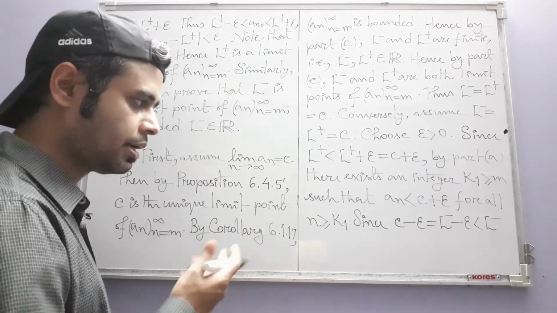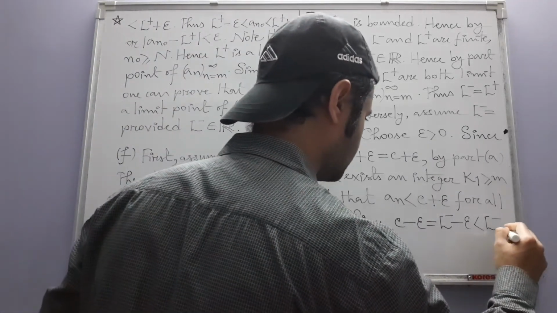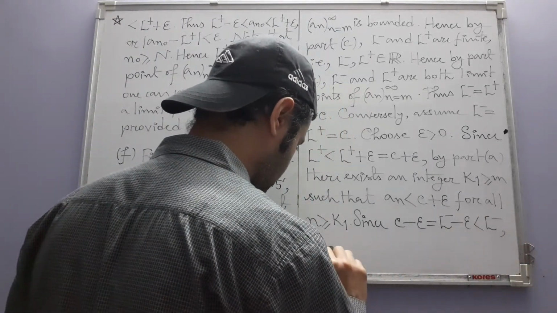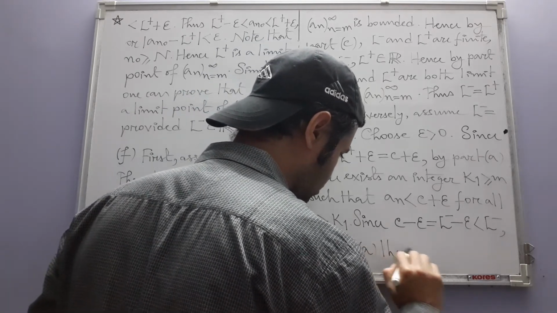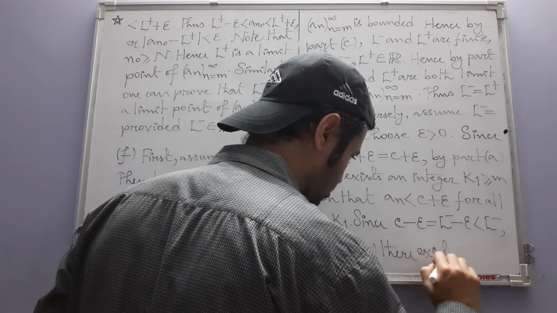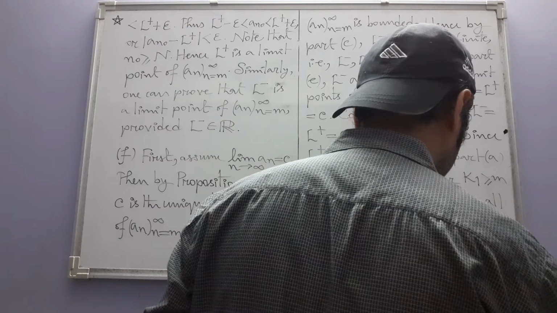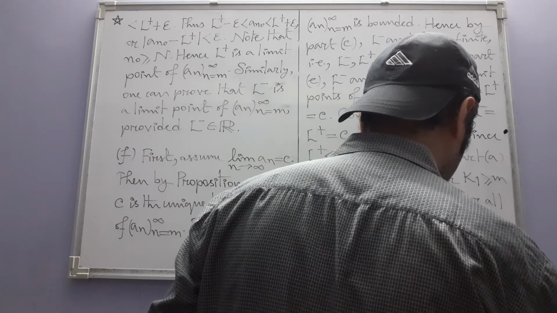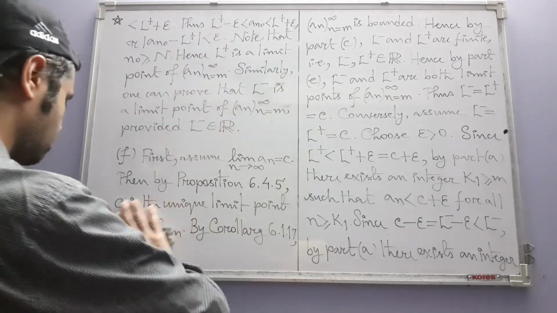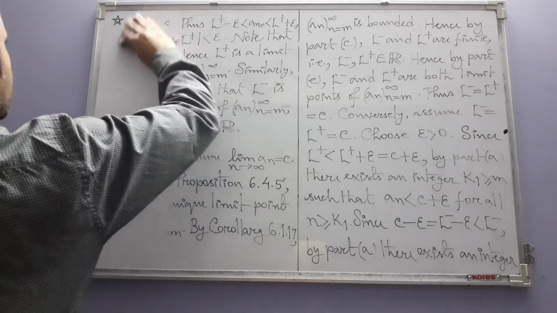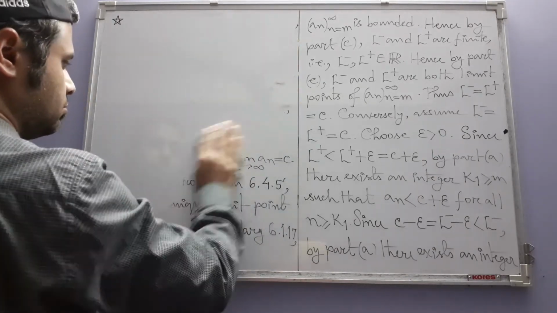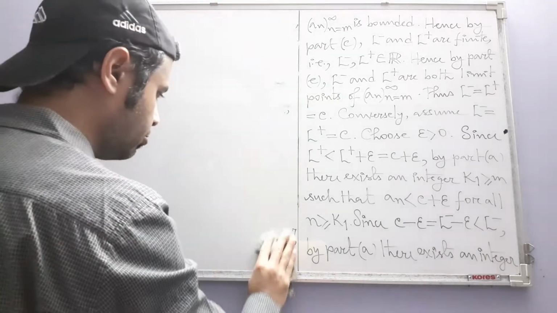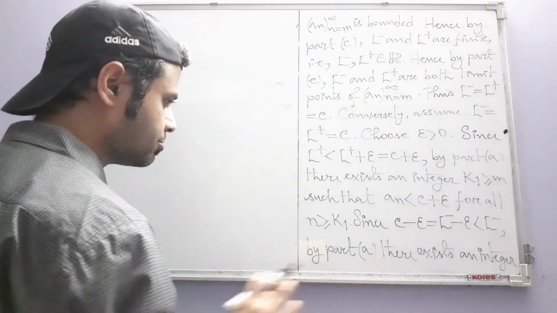That's why we can again apply part A. By part A, there exists an integer, let me just first write the thing, otherwise I will lose track of it.